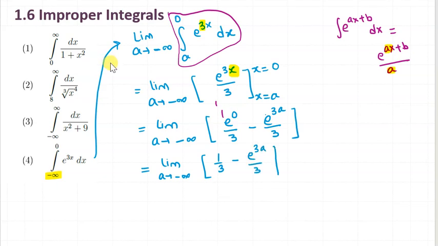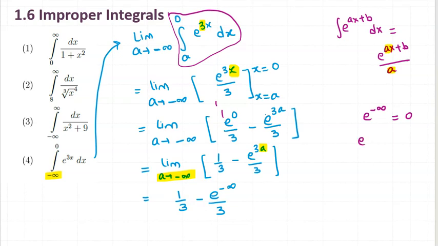Now what you have to do is substitute the limit, replacing a by minus infinity. So this gives you 1 over 3 minus e to the power minus infinity; multiplying by any number gives you minus infinity. Then you need to remember that e to the power minus infinity is 0.